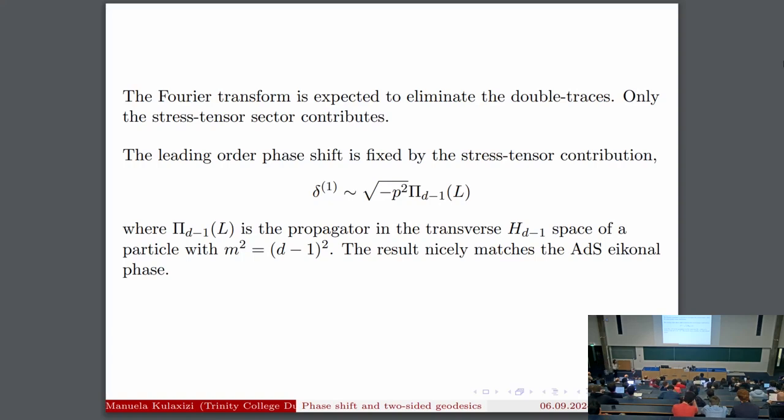Obviously, conventions aside, s is basically our Mandelstam variable, and this Pi is the hyperbolic propagator in d-1 space, which is the transverse space to the space where the scattering happens. You could see it even in the simple AdS cylinder in the previous picture.